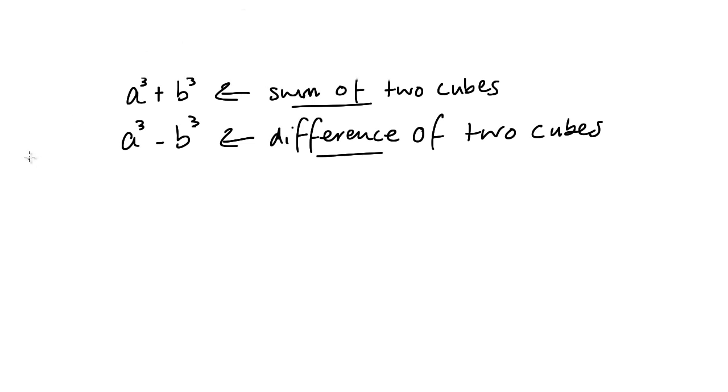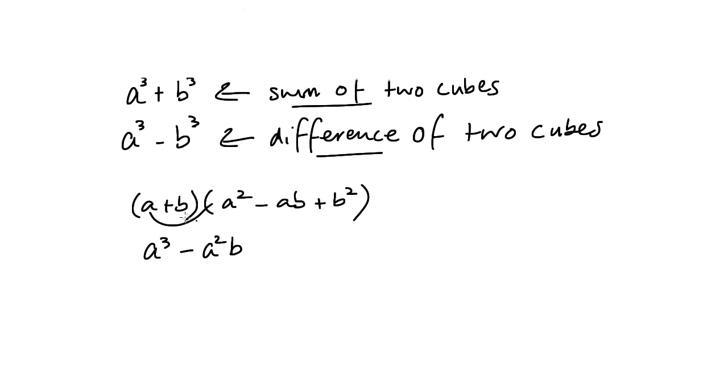If I started with (a + b) multiplied by (a squared minus ab plus b squared) and expanded this out: a times a squared gives a cubed, a times negative ab gives minus a squared b, a times b squared gives ab squared, and then I multiply the next three. b times a squared is a squared b, b times negative ab is minus ab squared, and b times b squared is b cubed.